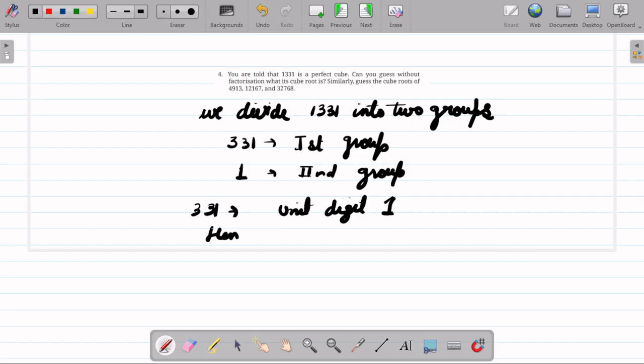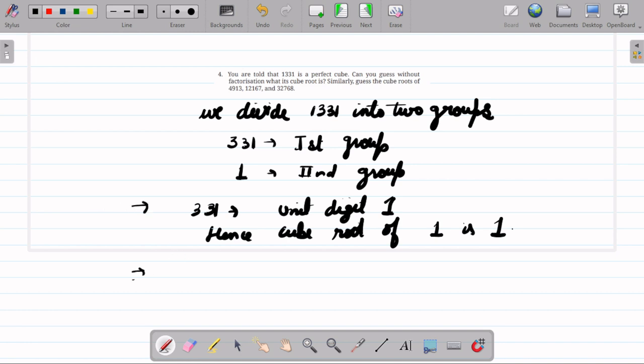Hence, the cube root of 1 is 1. Cube root of 1 is 1, right? Now for group 2, we have only 1. This is for group 1, the first group, right?